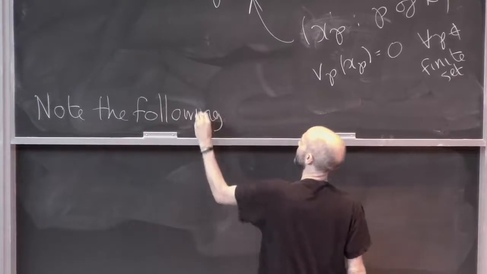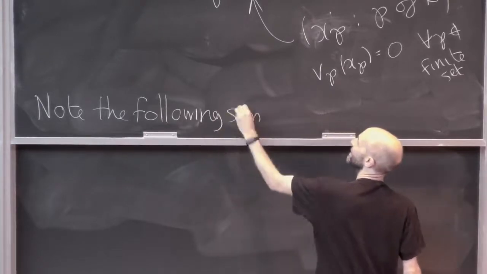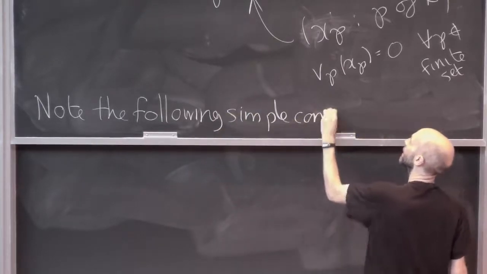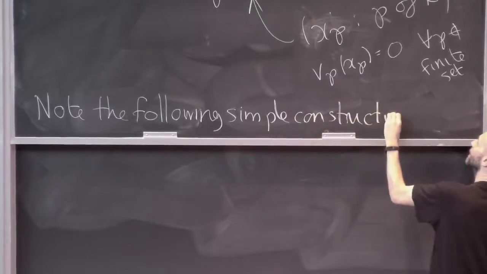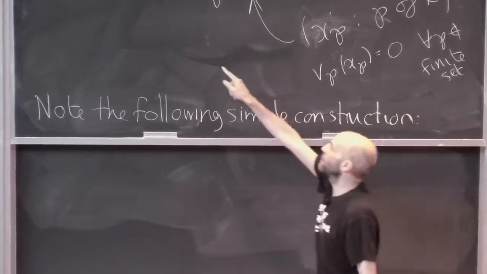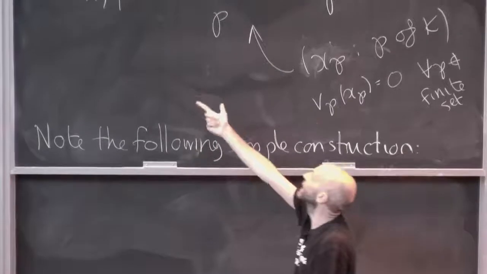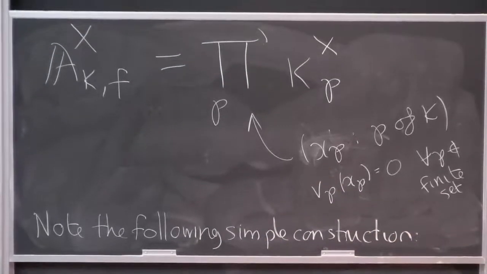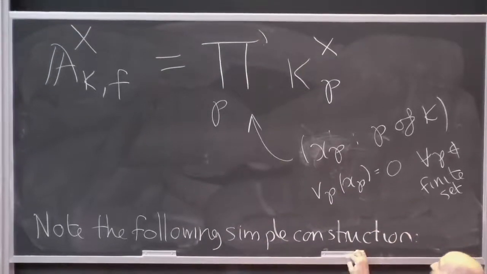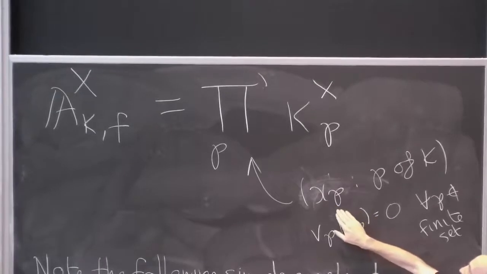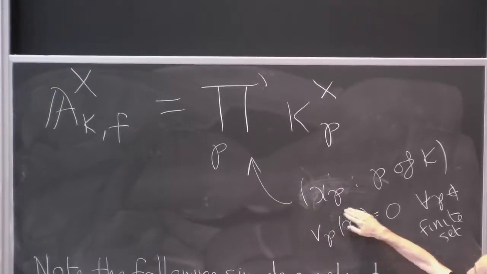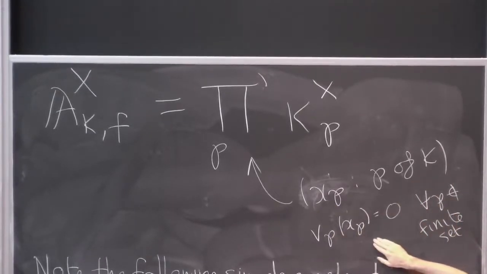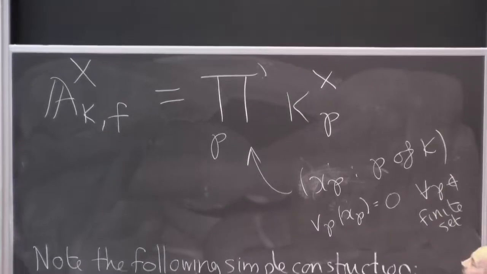Note the following simple construction, which was implicit in what I said yesterday. Given an element of this terrifying finite adele thing, for every single prime ideal of O_K we have an x_p, and the p-adic valuation of x_p is 0.